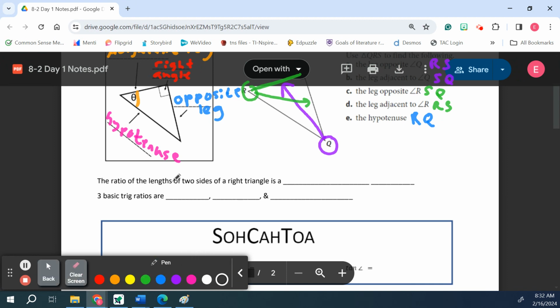All right, so the ratio of the lengths of two sides of a right triangle is a trigonometric ratio. Trigonometric ratio. Trigonometry. You know how we have geometry, which is the mathematics of shapes?